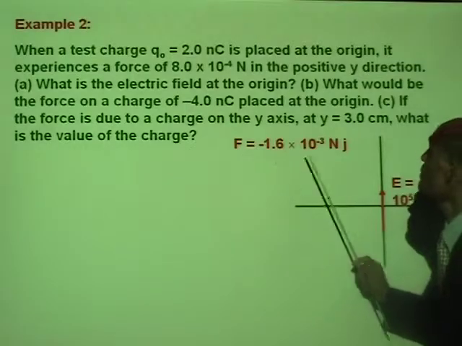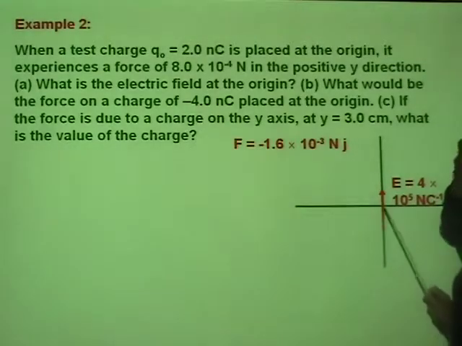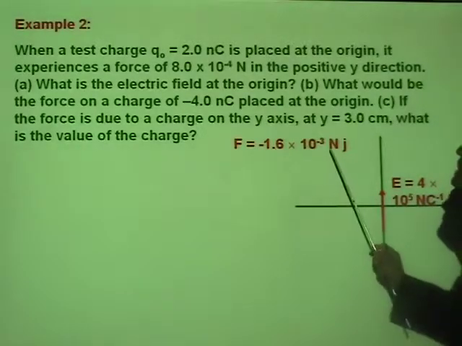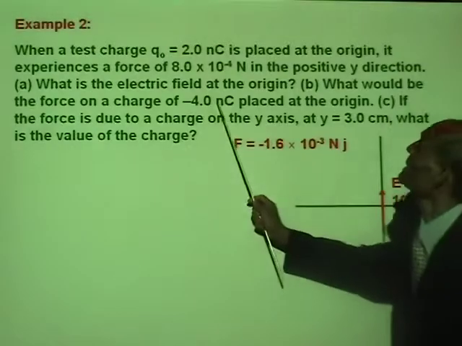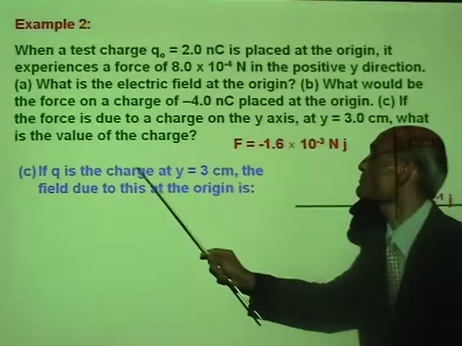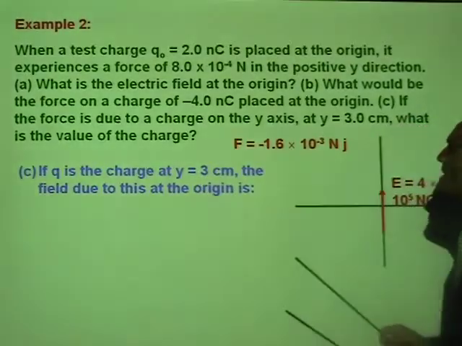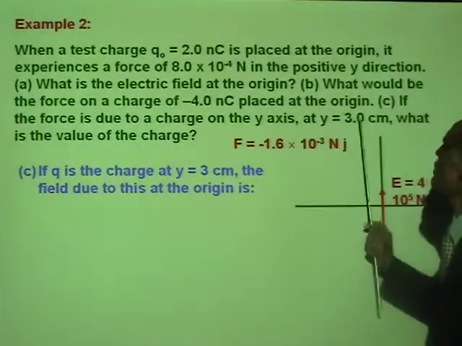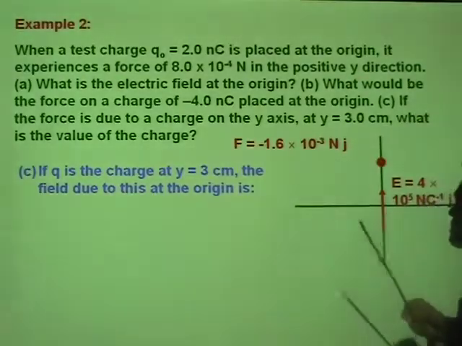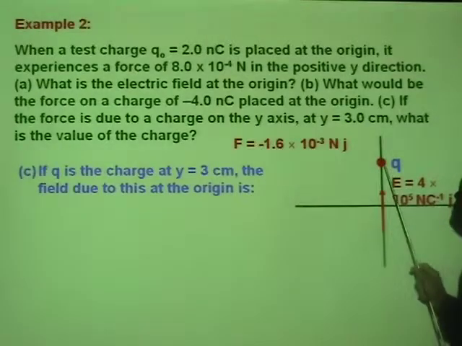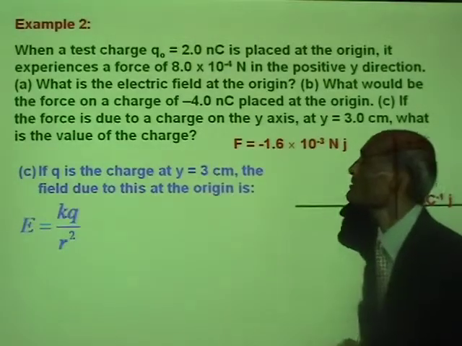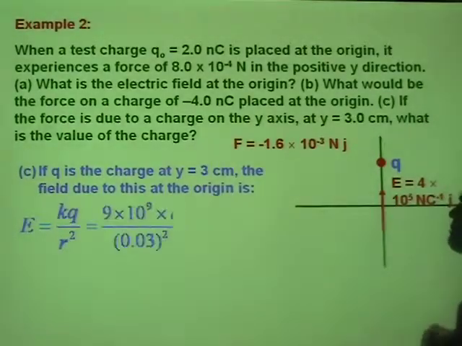We know that the force experienced by the charge placed at the origin is negative 1.6 times 10 to the negative 3 Newton. Alright, if Q is the charge at y equal to 3 centimeter, then what is the field due to that at the origin?